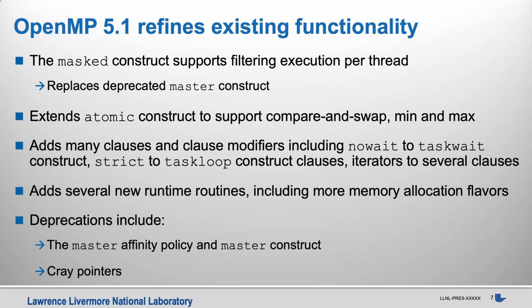What it really is is a new name for what you've known as the master construct, which has been deprecated. The reason for that is, well, some people find the term master offensive. Whether you find it offensive or not, there's no reason that the code and the specification need to retain it. So now the thread that starts a parallel team is called the primary thread.